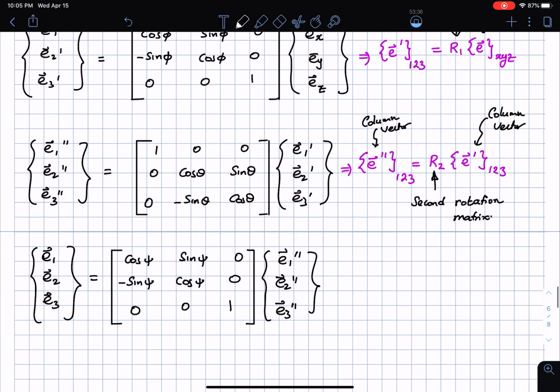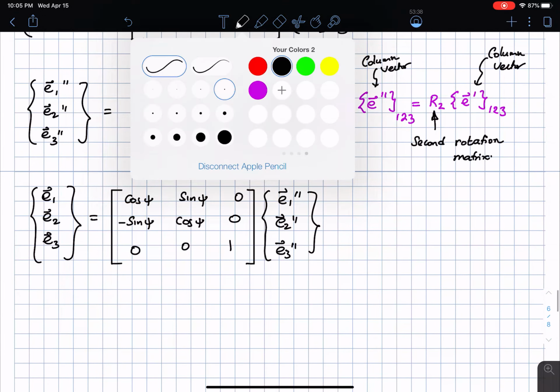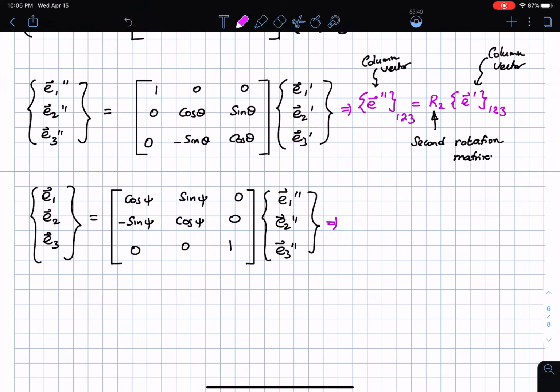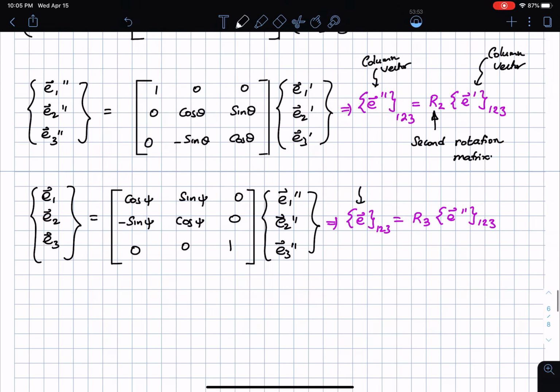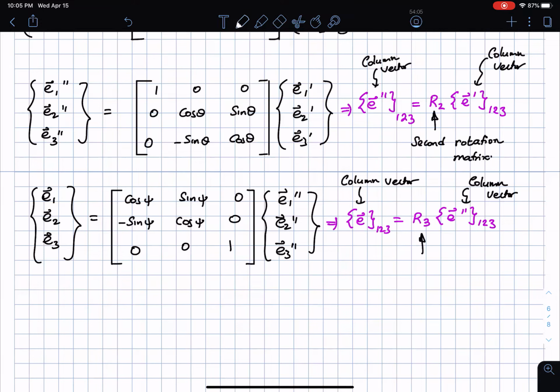All right, and then I have likewise the third one here, which means that I can write these things a little more easily. So I have E 1, 2, 3 is equal to R3 times E double prime 1, 2, 3, and likewise this is a column vector. That's also a column vector, and this is the third rotation matrix.